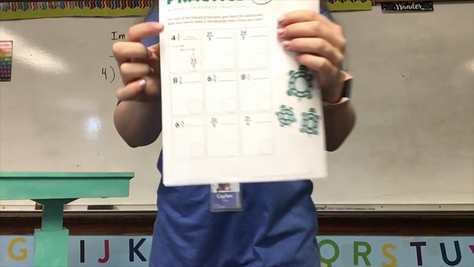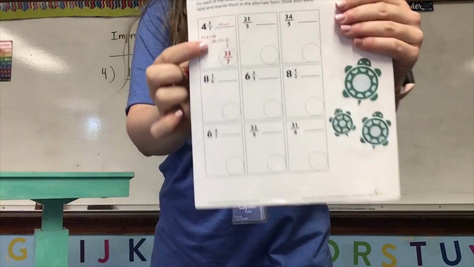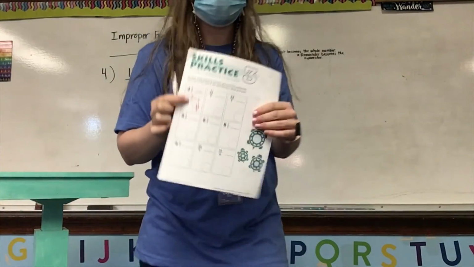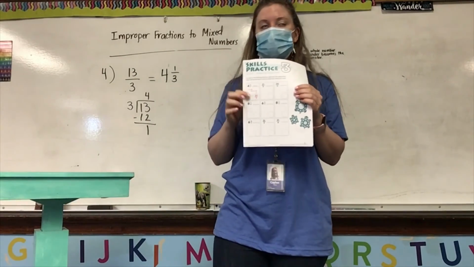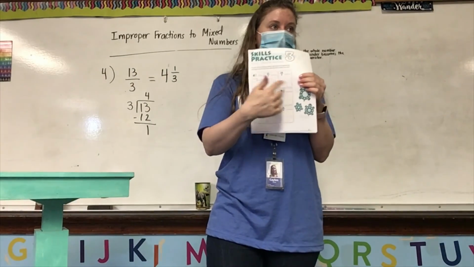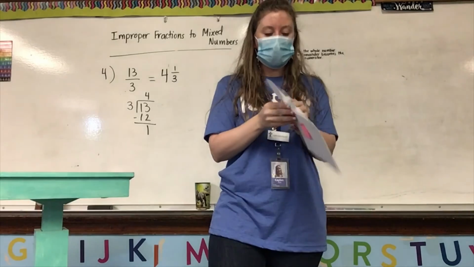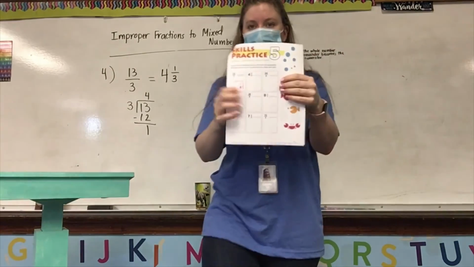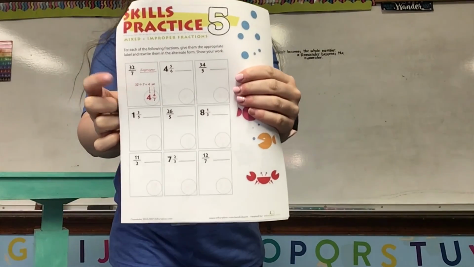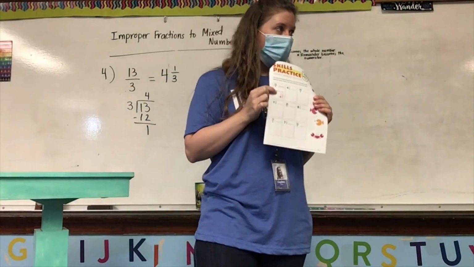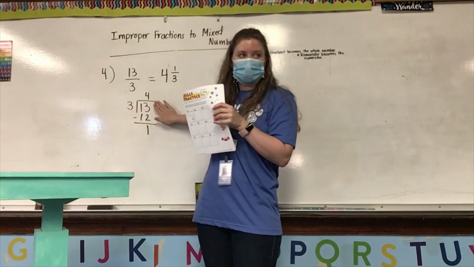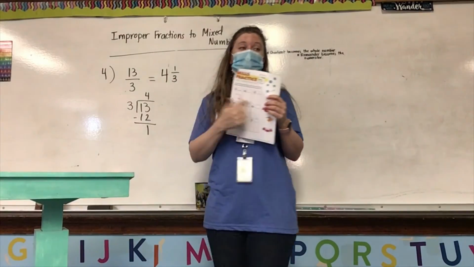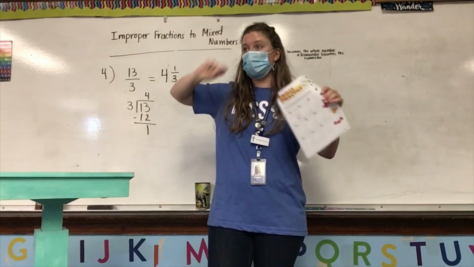For changing mixed numbers to improper fractions, you do it exactly the same way that they did it on here. If you have small, neat handwriting, you can fit it all in the boxes. But for showing work for changing improper fractions to mixed numbers, you will not do it the way they did, because you have to do the actual division problem. They did it that sideways way that we're not going to do.